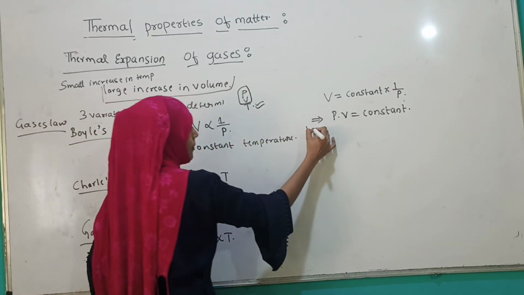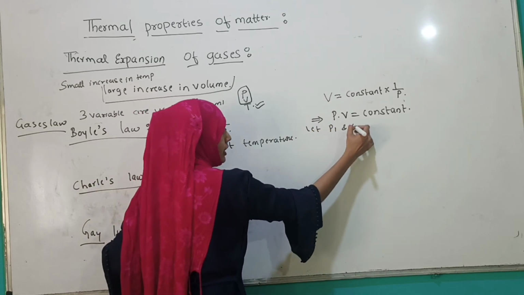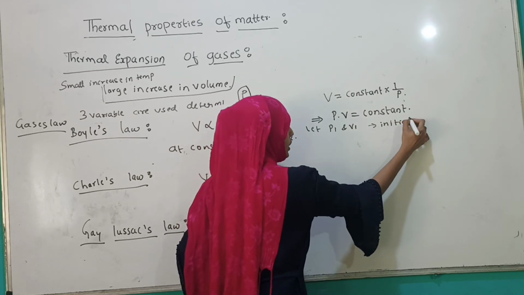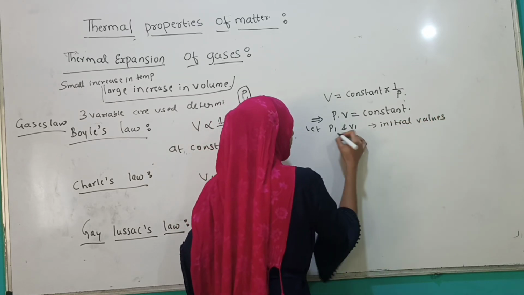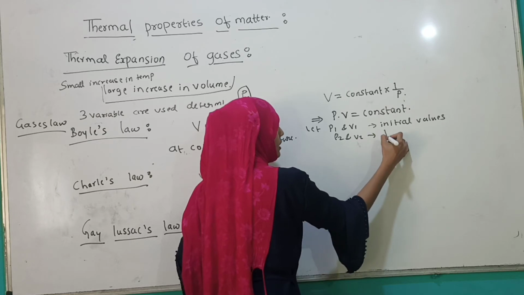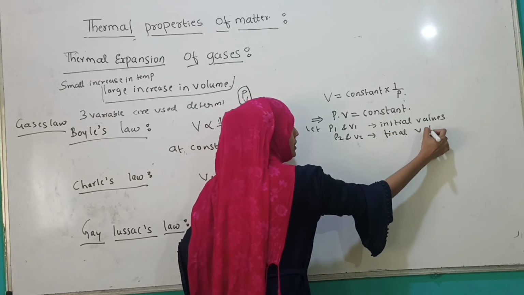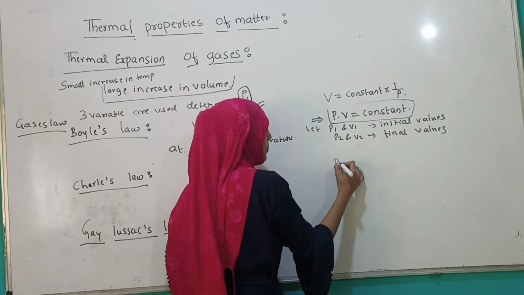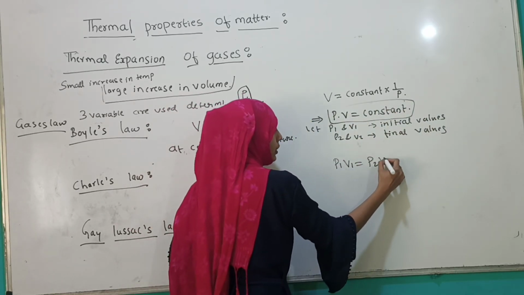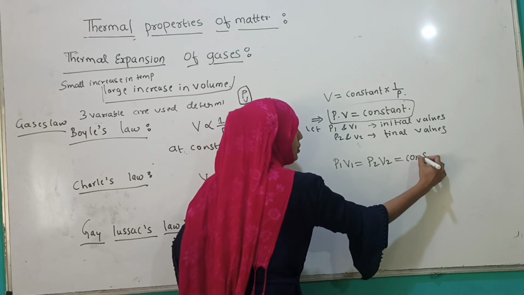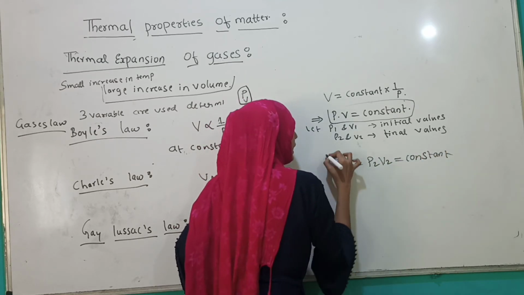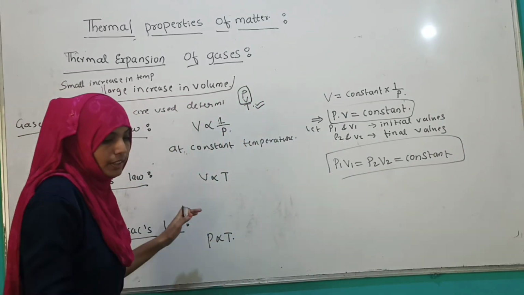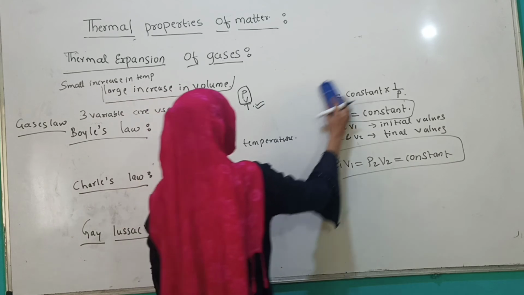Let P1 and V1 be initial values, P2 and V2 be final values. Then this equation can be written as P1 V1 is equal to P2 V2, that is equal to constant. That is Boyle's law.